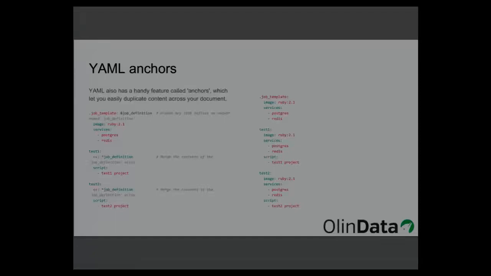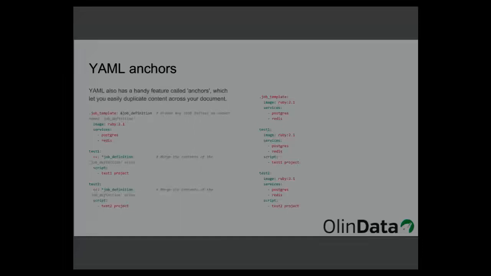But depending on what you're doing and how much duplication you have in your GitLab CI file, this might become useful. So this stuff here on the left is equal to this stuff on the right. And this is purely on a YAML level, so GitLab CI doesn't really have anything to do with this. It's just a trick that you can use to have some deduplication in your GitLab CI file.